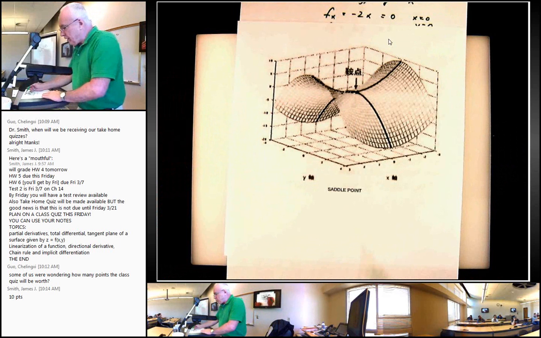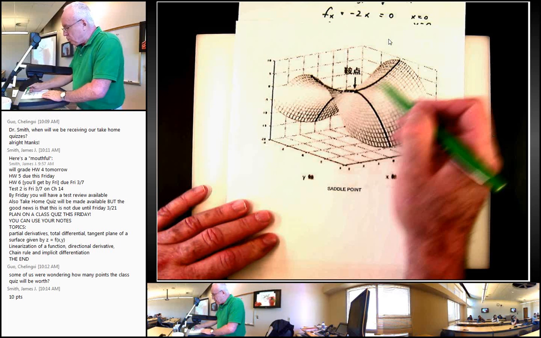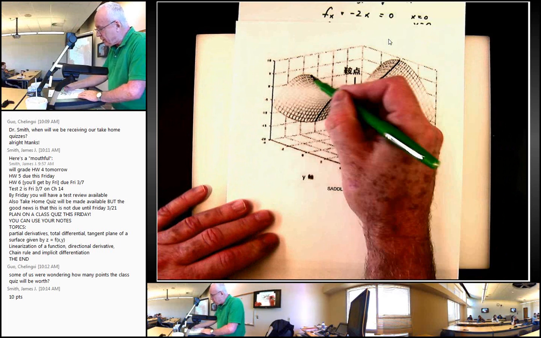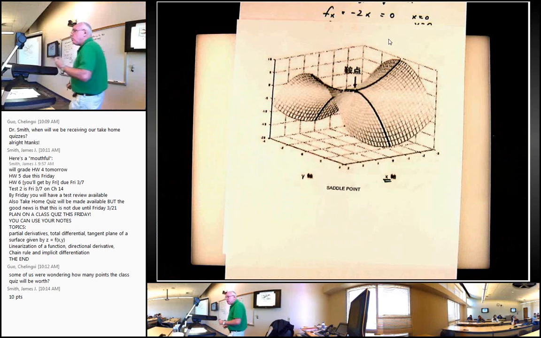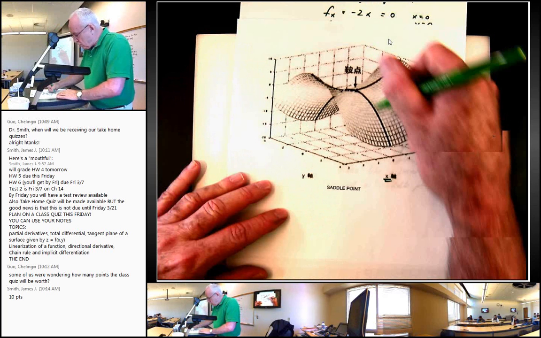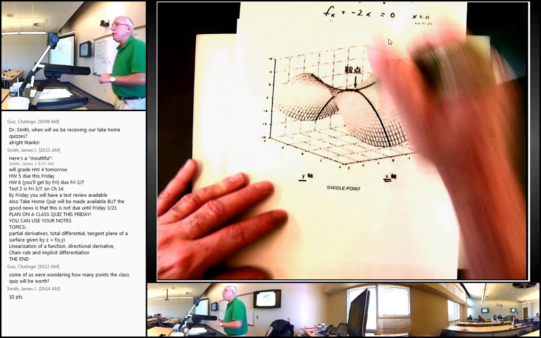At this point on our surface, if I'm just traveling this way, which I think looks like the x-axis, it looks like we're at the bottom of the valley, a local minimum. But if I'm traversing it along the y-axis this way, it appears to be a local maximum.